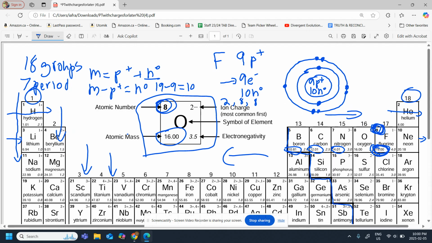Now an important term I want to go over here is the last shell here. The last shell is called the valence shell. The valence shell has special electrons called valence electrons. I'll call them VE, valence electrons. Those are the electrons on the valence shell, which is the outermost shell, the shell on the outside.